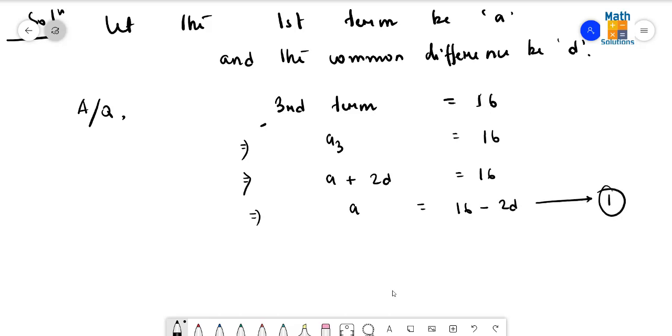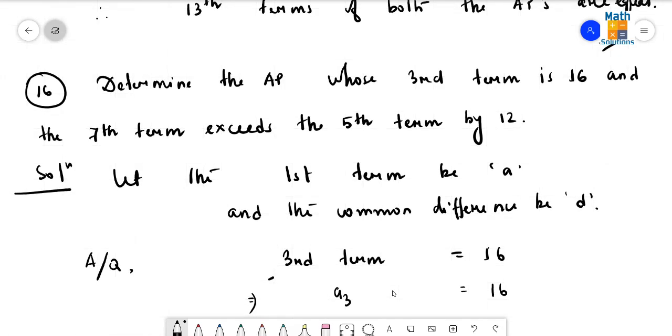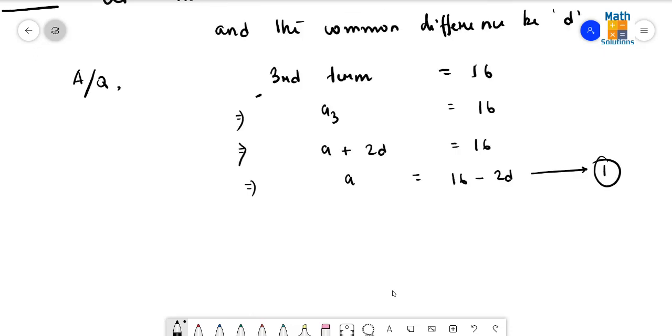At the same time, the second condition can be utilized. That is, the seventh term exceeds the fifth term by 12. That means seventh term is equal to fifth term plus 12.